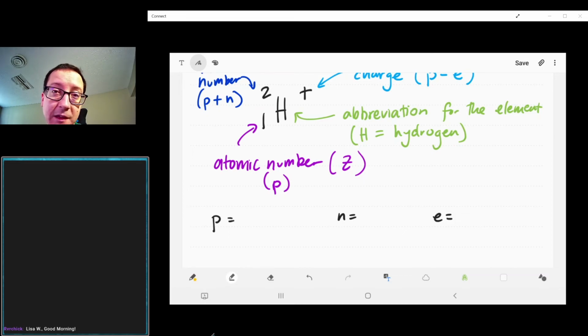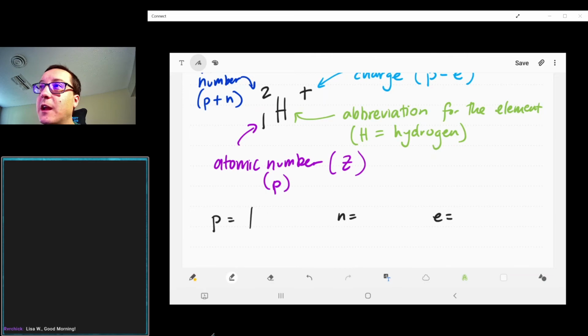That's going to be something fixed for every atom of hydrogen, and it's also written there for us in the problem, so we don't even have to think about it. It's got 1 proton. We know that because that is the atomic number of hydrogen, and it's also written there on the bottom left to remind us.